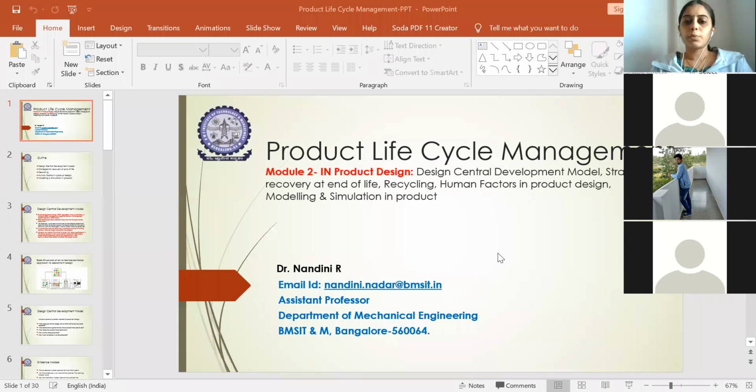In product lifecycle management module 2, we have dealt with different product design processes, the methodologies, and some parts related to the design central development model, how a product ends, the recovery of a product, and the human factors relevant to designing a product. Finally, the modeling and simulation part of the product was left out. So today we will be focusing on that.